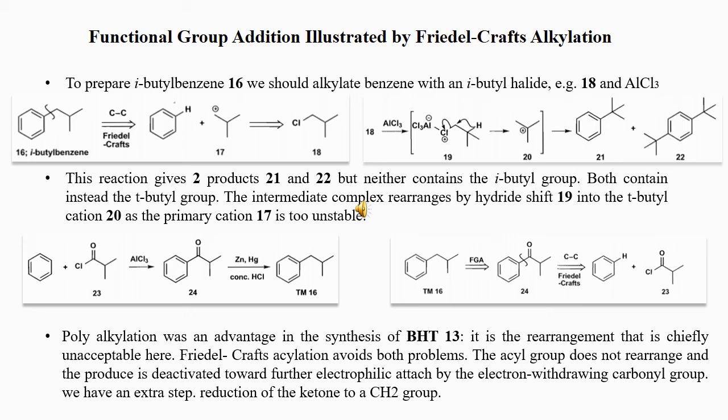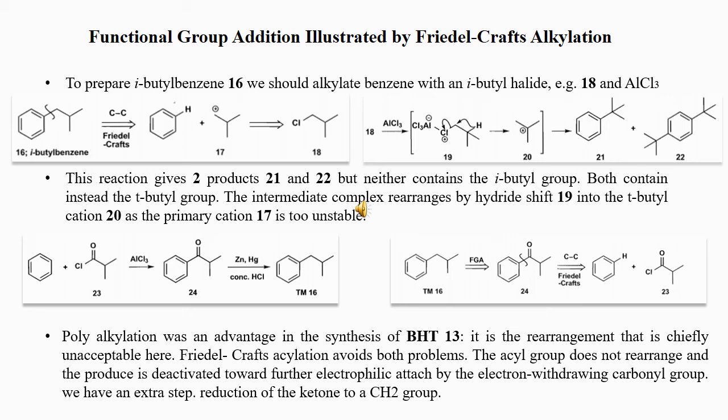Now the question is, when we disconnect 16, we get structure 17. A cation is needed, and this is synthon 17, but the synthon must be provided by a real molecule. So 18 is the molecule we thought can provide 17.